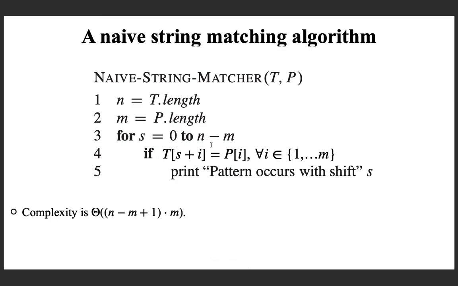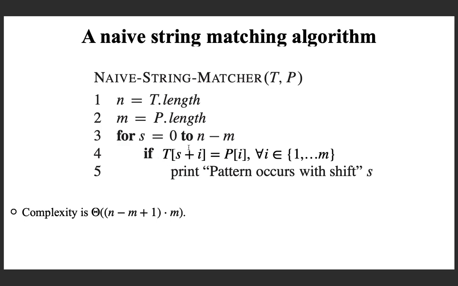And you can easily verify that the complexity of this algorithm is theta of n minus m plus 1 multiplied by m. Why? Because this for loop is going exactly for n minus m plus 1 steps, because it starts at 0. And what is this if doing? It is actually a loop for every value of i from 1 to m.